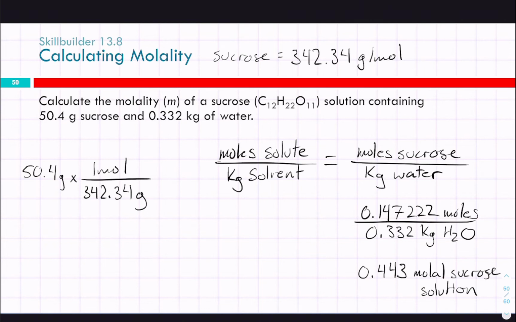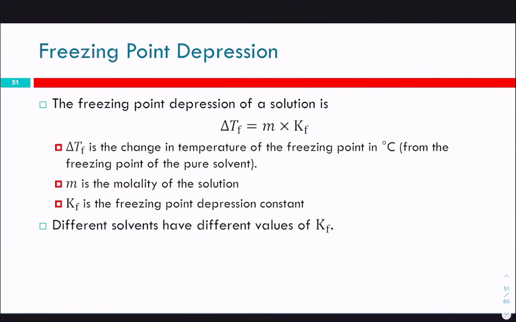Okay. But the one place that it is useful, and the reason that we're covering it now in relation to freezing point depression and boiling point elevation, is because that's where we use it. So there's a lot here. It's a very simple equation because the freezing point depression is just the molality of the solution multiplied by the freezing point constant for that solution.